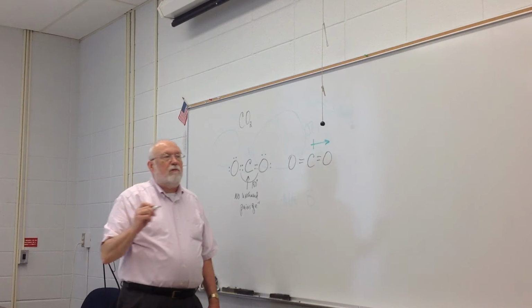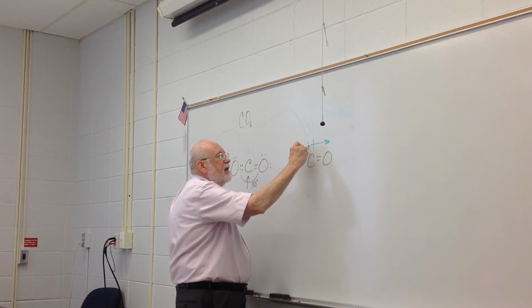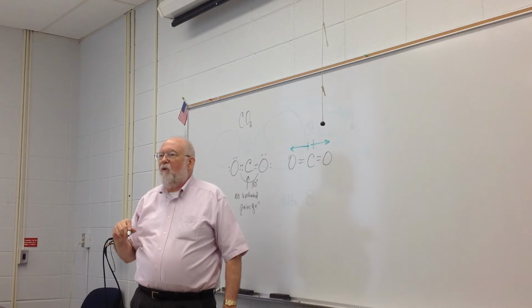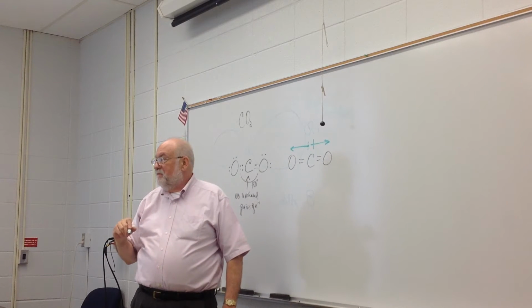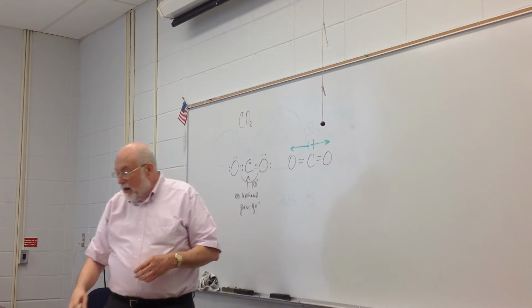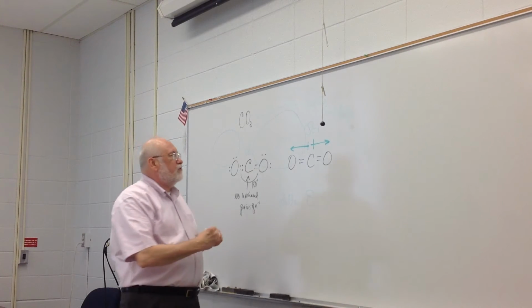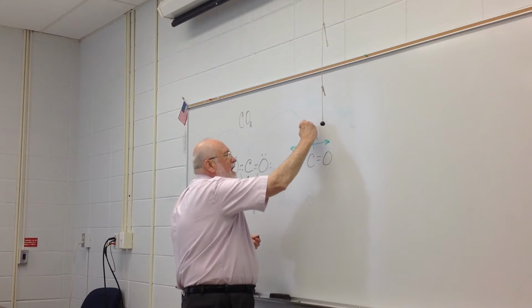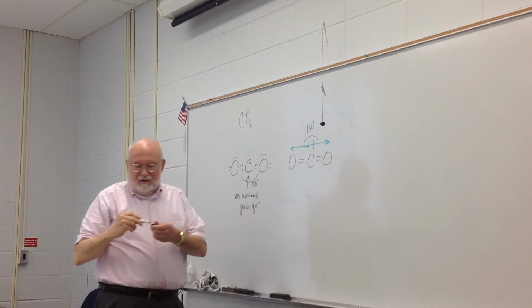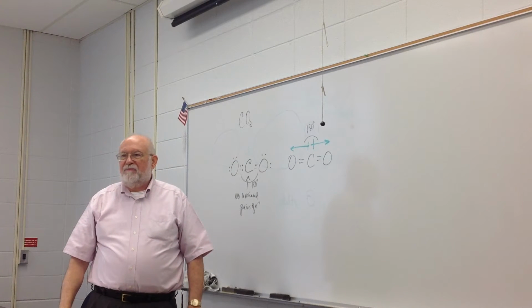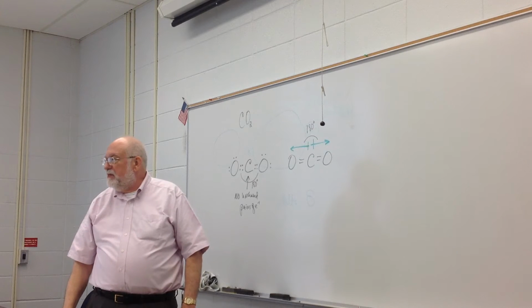But I have two carbon-oxygen bonds, so I need to put up here two of those dipole notations. Okay? Right? Now, what is the angle between these two things? 180 degrees. They're going directly opposite each other, are they not? Okay? That would seem reasonable.